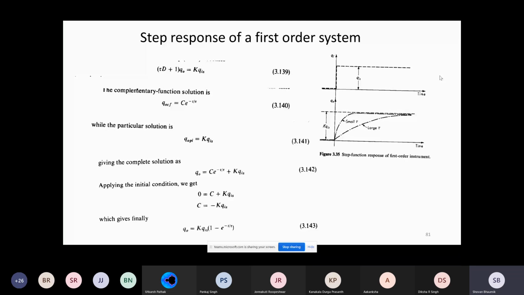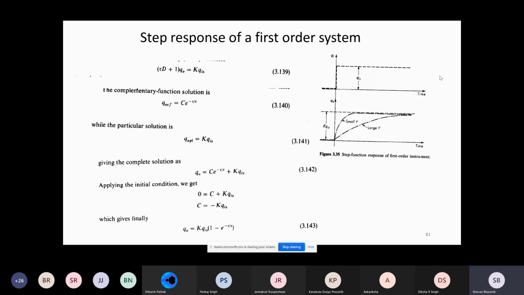Taking K qis out, we get Q0 equals K qis times (1 minus e to the power minus t by tau). From here you see when t equals 0, the output is definitely 0, because 1 minus 1 equals 0. When t is infinity, e to the power minus infinity is 1 by infinity, which is 0, so the output Q0 will be K qis. That is why K is known as the static sensitivity, because at steady state the output is some multiplying factor times the input.